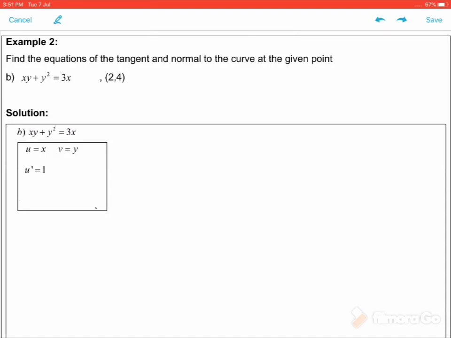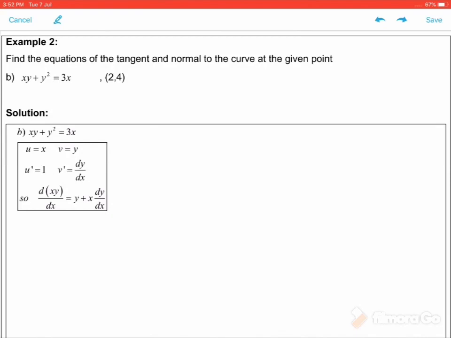When we differentiate v, you will get dy dx. So we apply the product rule. So the derivative of xy, the first term, is equal to y plus x dy dx. So there's the first term.